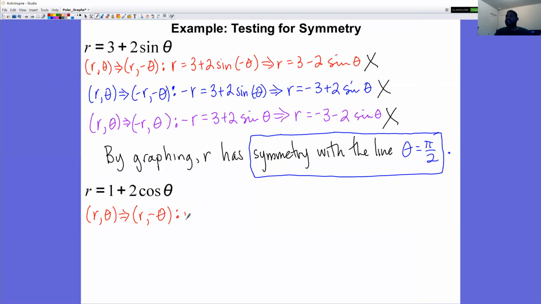When I do that, I get r equals 1 plus 2 cosine of negative theta, excuse me, I used the wrong equation before. When I simplify that, I get r equals 1 plus 2 cosine theta.